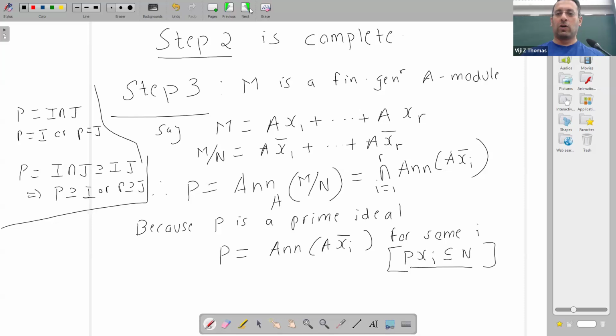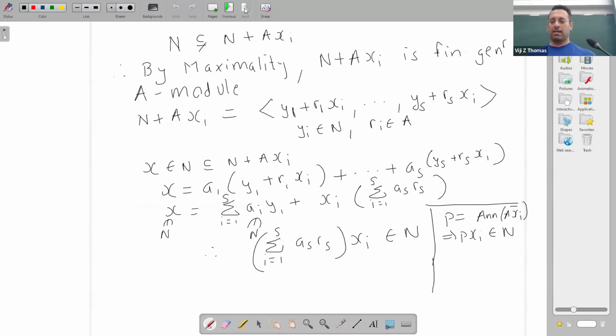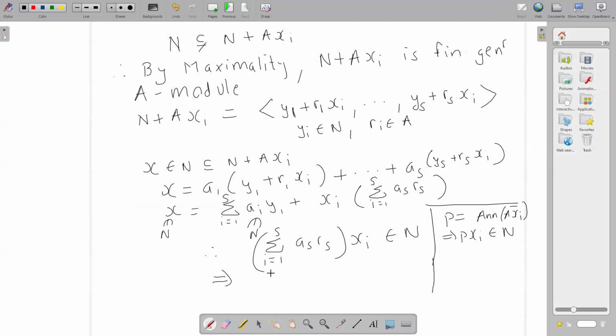So now can you say? From here, because the summation annihilates the xi bar, this summation has to belong to P. P is the annihilator of xi bar.